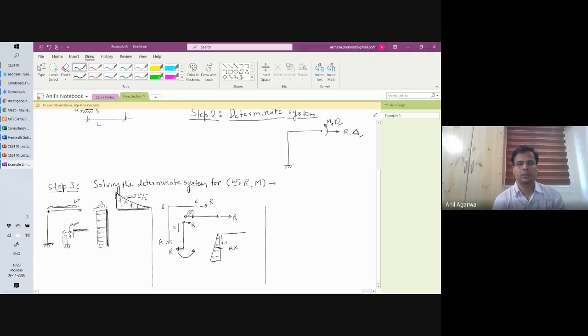Since I'm calling the moments in this direction, left direction, on vertical members as negative, I'll call it minus Rx. Fine, everybody on board? The value here will be minus R times L. So we have solved it for W and R. Any questions so far?